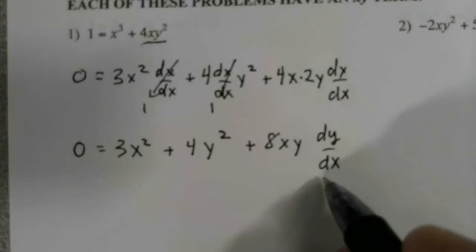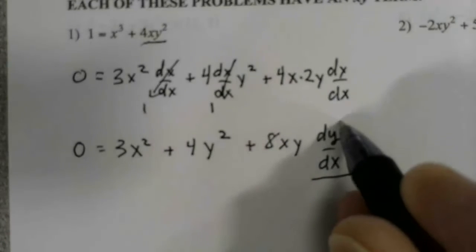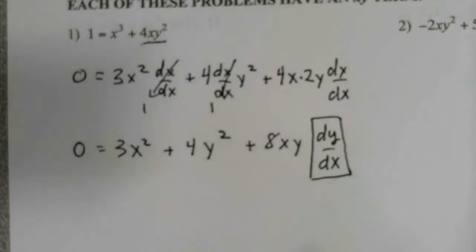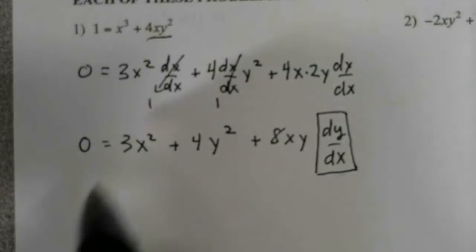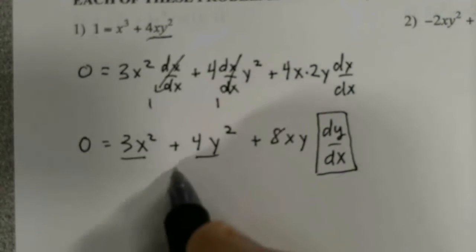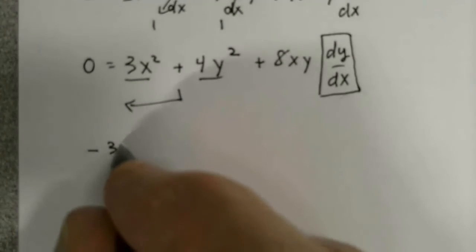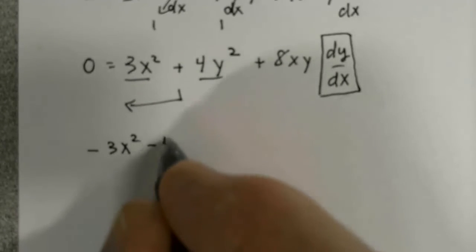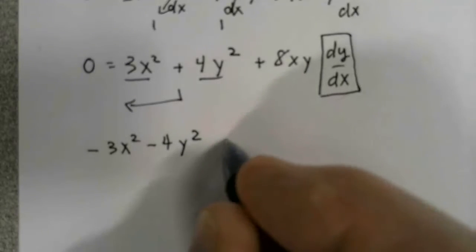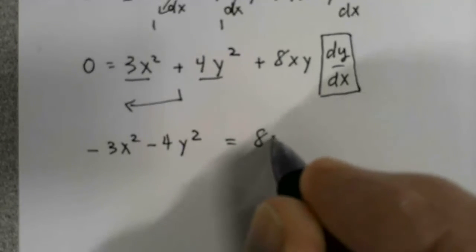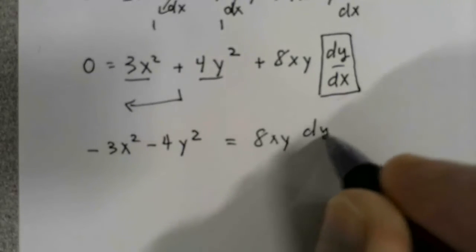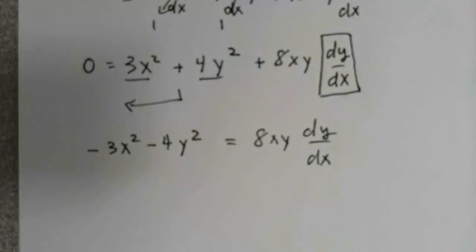And so now we want to solve this equation for dy dx. We want to get dy dx by itself. So we need to take these two terms and move them to the other side of the equation. So that becomes negative 3x squared minus 4y squared equals 8xy dy dx.